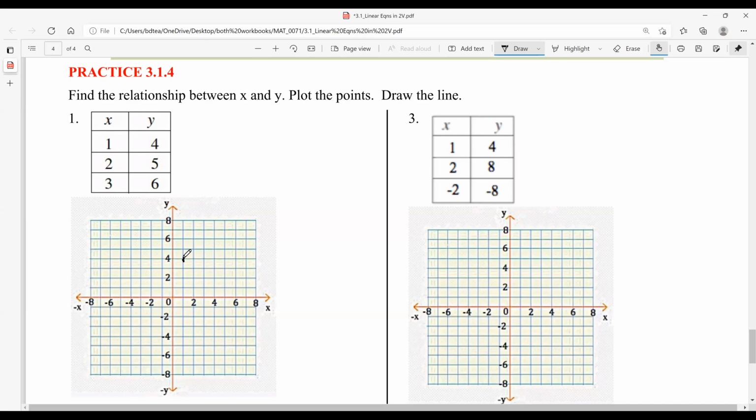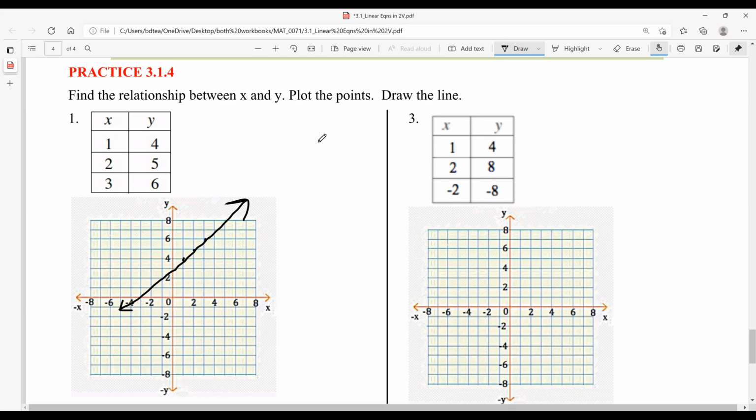This is the first point. (2, 5): again, starting at the origin, going to the right 2, going up 5. (3, 6): going to the right 1, 2, 3, up 4, 5, 6. This is another point. So these are the 3 points that form a straight line. This is what the line looks like.